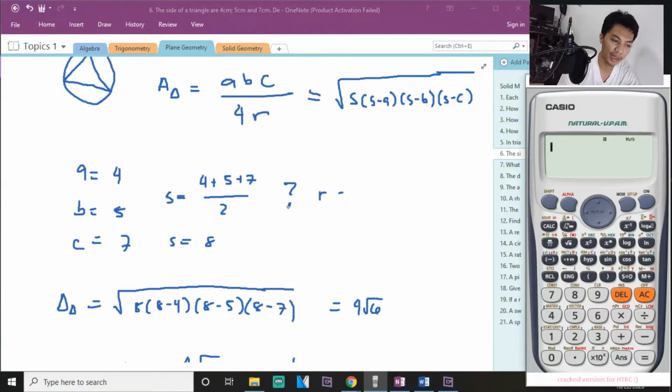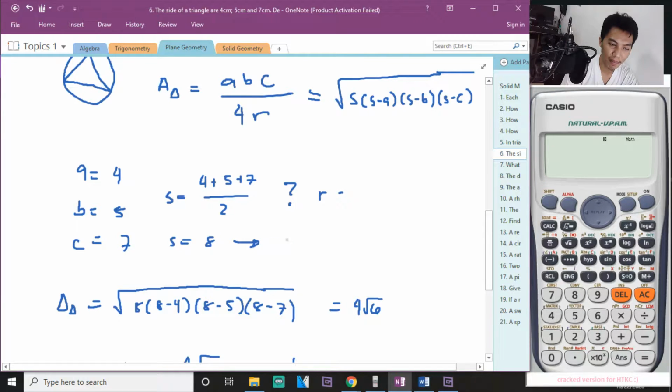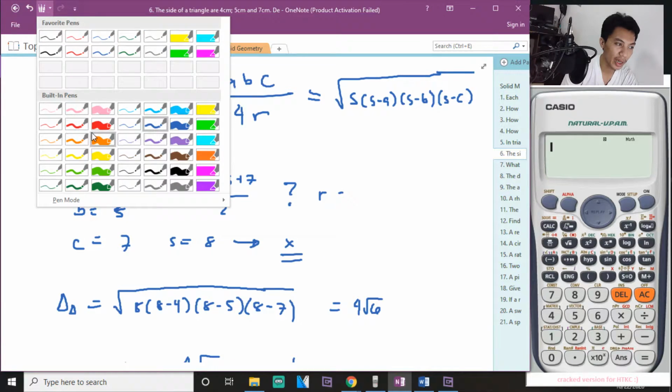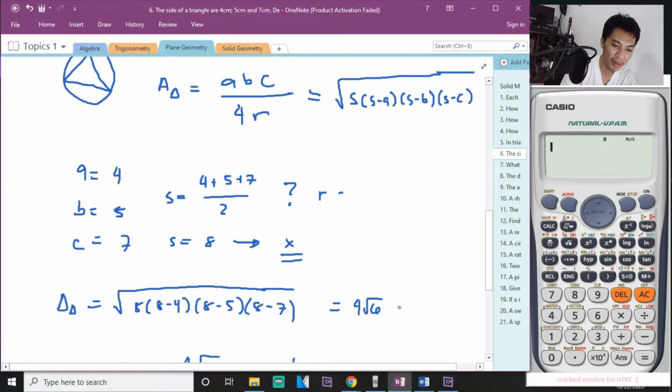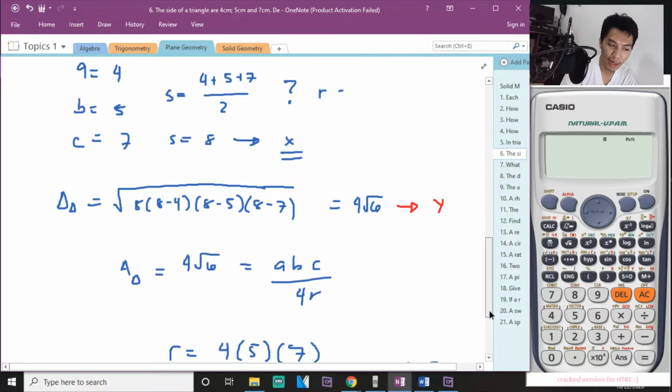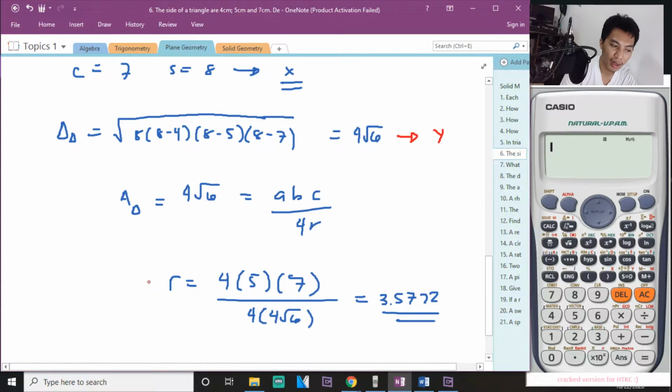Ano ba yung una nating sinolve? Di ba si S? So, we denote S as X. Ano yung pangalawa nating sinolve? Yung area ng triangle. So, we let this as Y. Anong muli mong sinolve, sir? Yung R. So, we denote this as M.